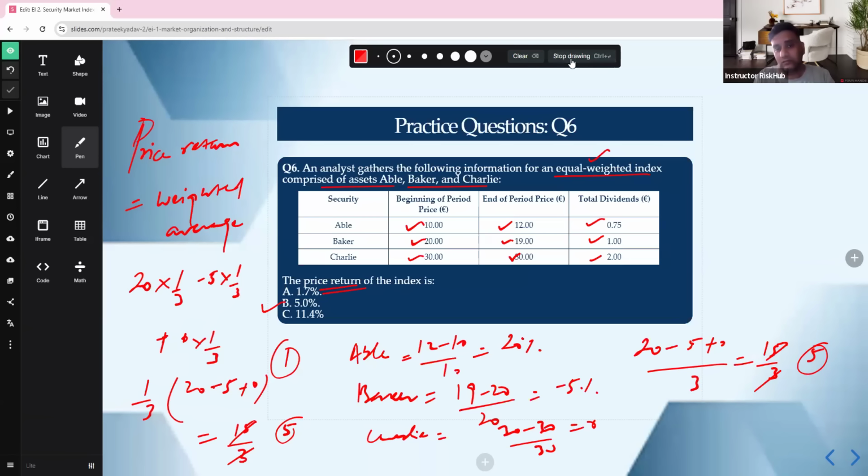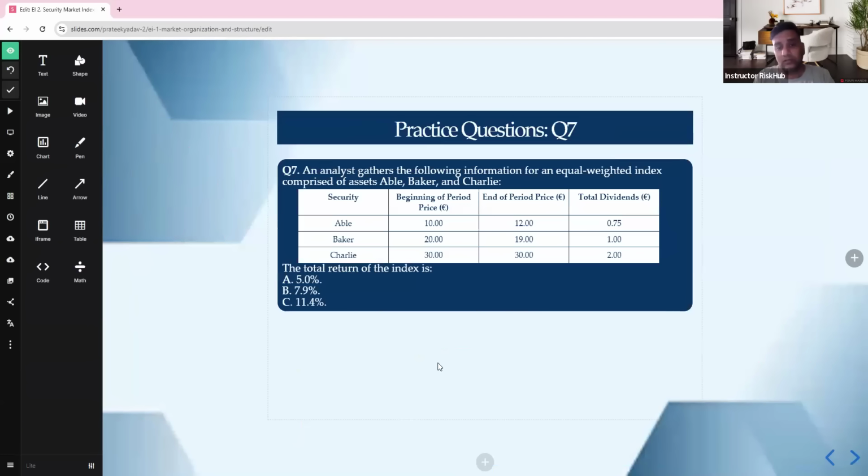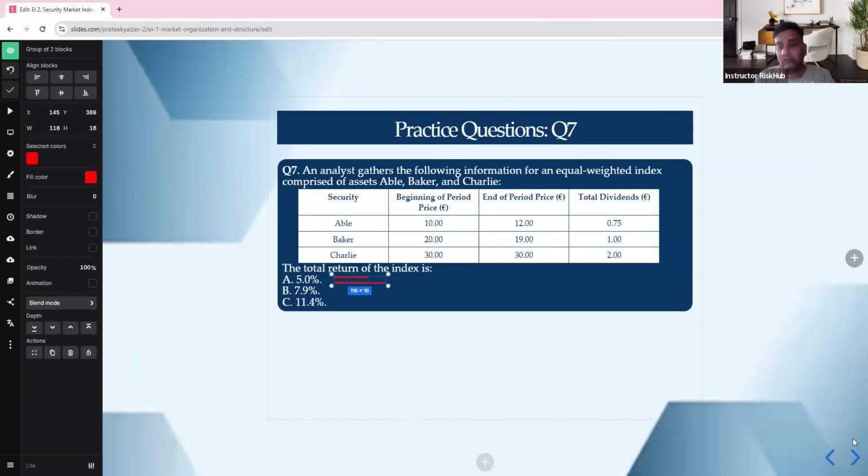The next question has exactly the same data, but now we are asked for the total return of the index. What happens here is that now we include the dividend also. So to save our time, we'll go to the calculation.